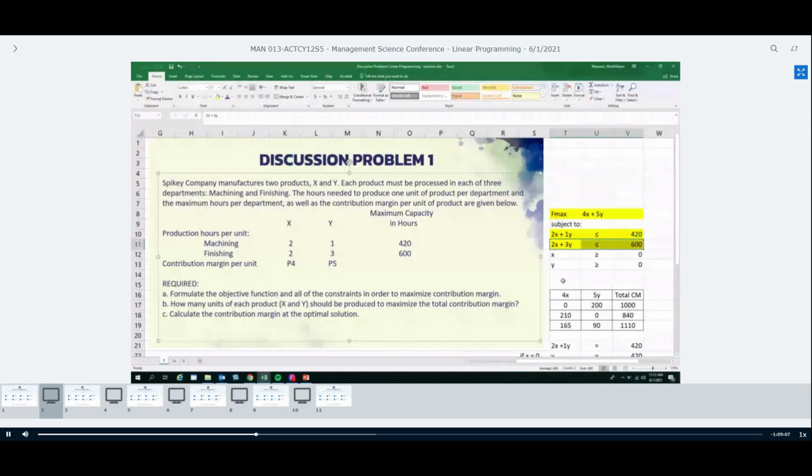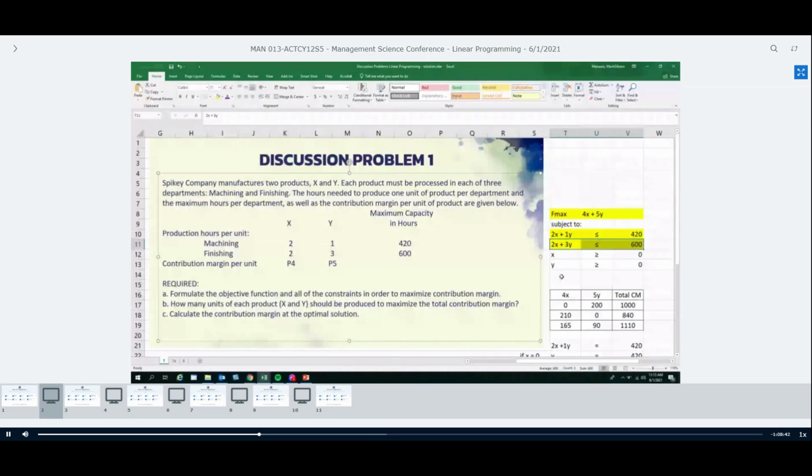Now, also in linear programming, we have non-negativity constraints. So meaning, yung units natin can never be less than 0. Kasi nga naman in real life, pag halimbawa tinanong ka ng production supervisor mo, "So Mark, ilang units ang na-produce natin?"